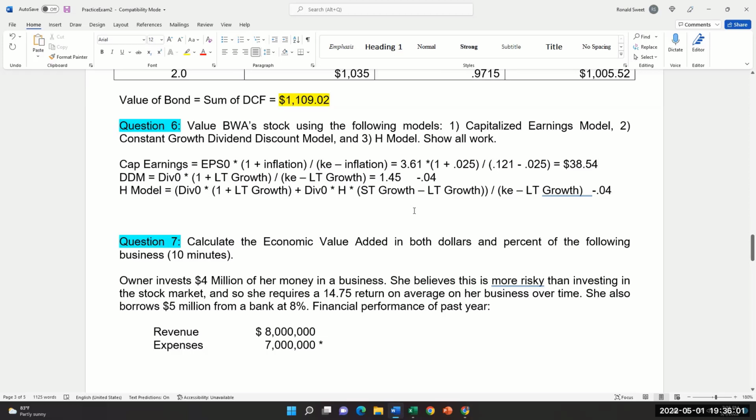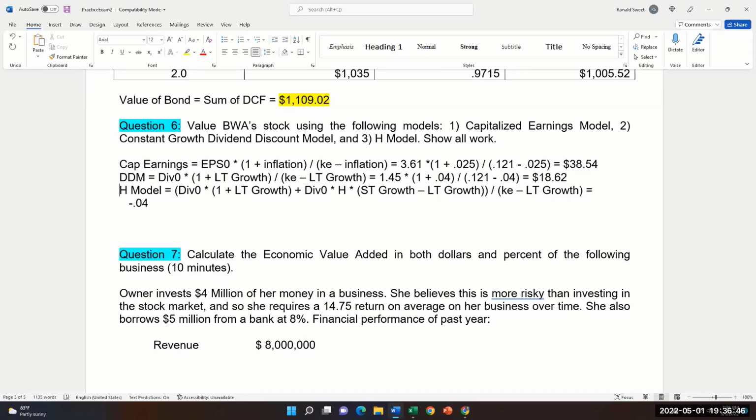And so here we have 1.45 times 1 plus 0.04 divided by 0.121 minus 0.04. And that should equal 18.62. Let me double check that. $18.62, that one works.